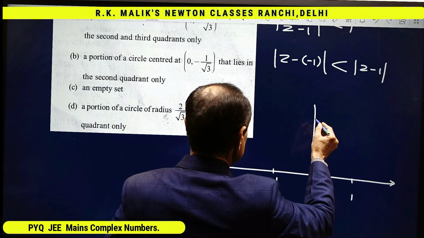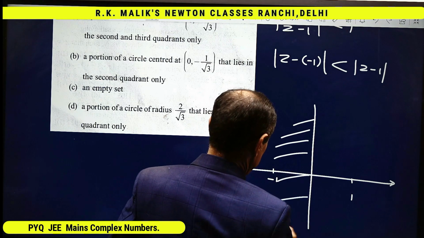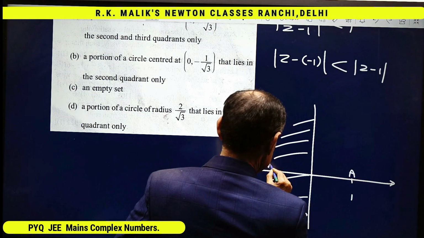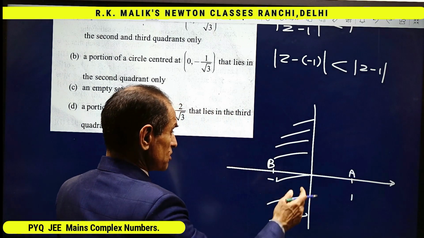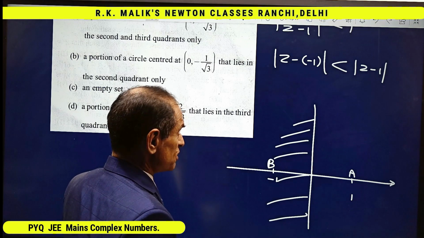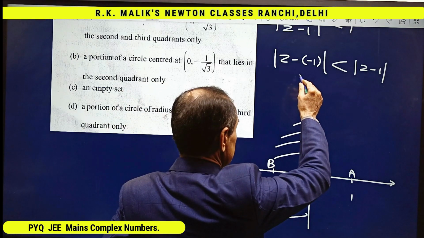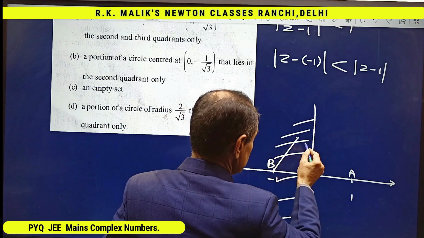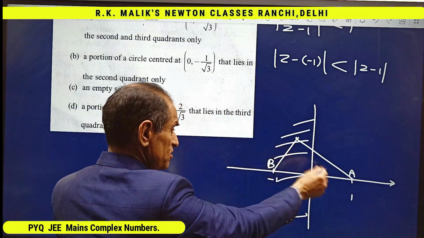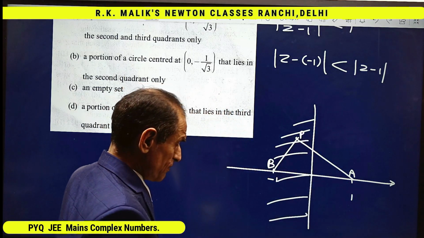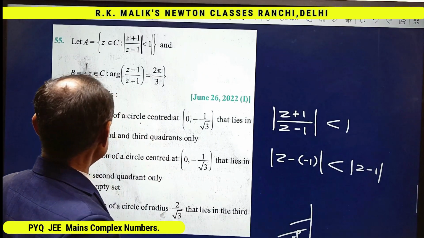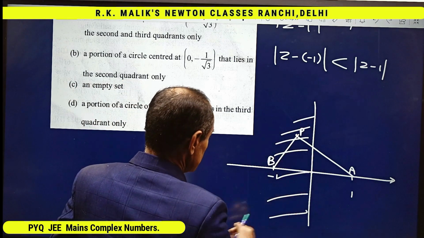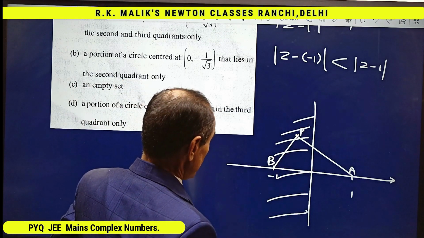That is, in the complex plane, if minus 1 is here and 1 is here, the complex numbers lying on this side of the y-axis. Note that this point is the midpoint of A and B. All the complex numbers lying on this side of the y-axis will satisfy this inequation, because for any of the points on this side, this distance is less than this distance, if this is the point P. That is, set A is the set of all these points on the left hand side of the y-axis.